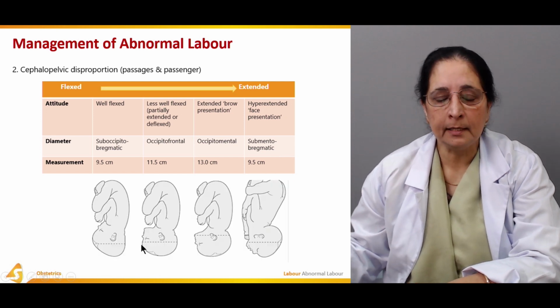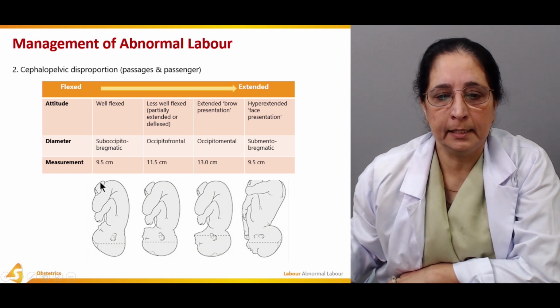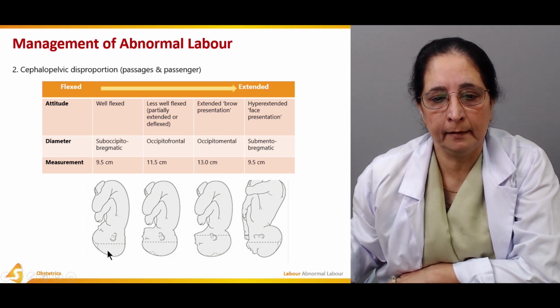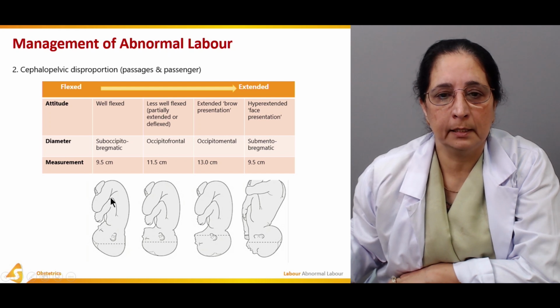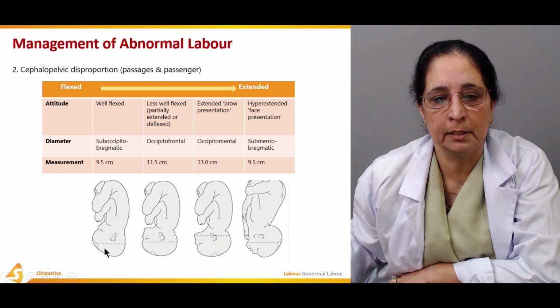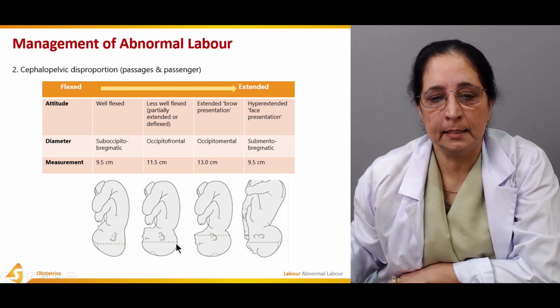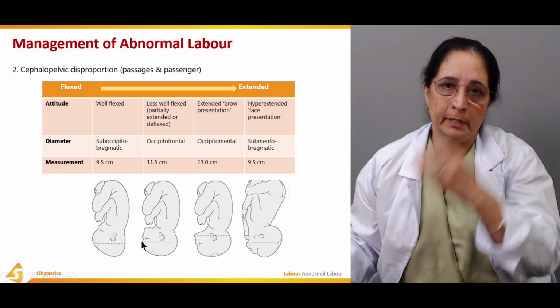These are the diagrammatic presentations here. This is the well-flexed baby. The first is well-flexed: this is the occiput, and this is the bregma, the suboccipito-bregmatic diameter, which is 9.5 centimeters. Then in another case we have occipito-frontal. Frontal is for the forehead.